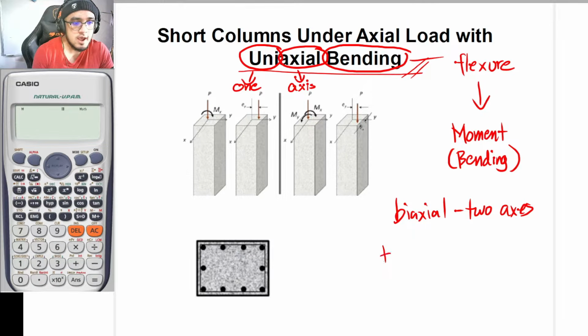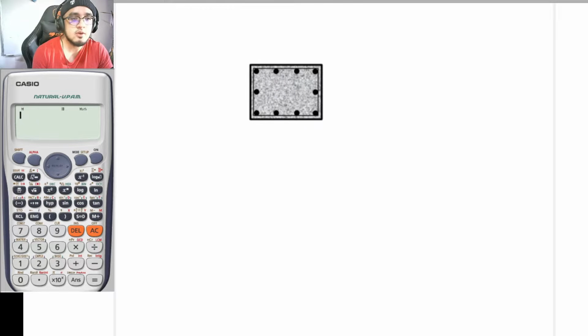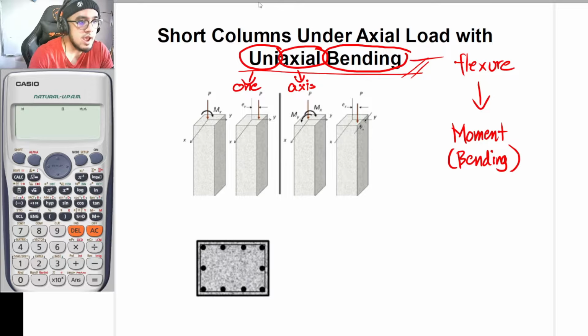When you say triaxial, tri means three, so this means three axes. Okay, enough of that. Let us go back to the term uniaxial bending. Collectively, uniaxial bending means bending in one axis only.